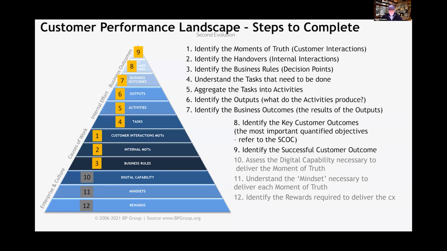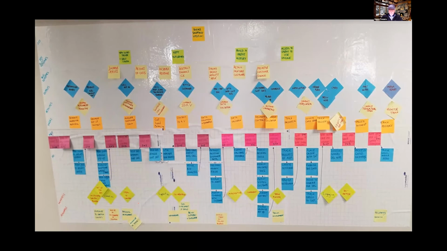So let's have a look at an example of that. Here's one on the wall, and you can probably discern it's an organization beginning with A, online shopping utopia, right? Their overall endeavor was to achieve that. Here's our moments of truth level.